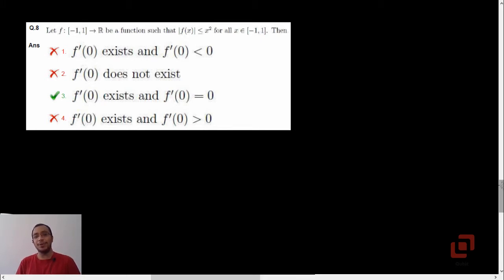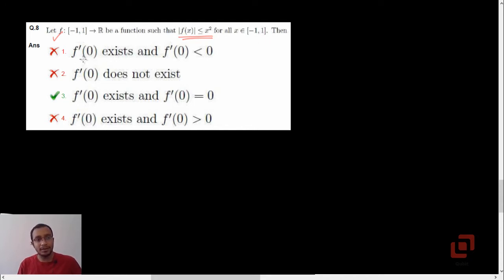In this video we are going to solve the 8th question from the NEST 2020 first shift from the mathematics section. This question says that suppose we have a function f defined on the closed interval -1 to 1 to the set of real numbers such that mod of f of x is less than or equal to x squared for all x in its domain.